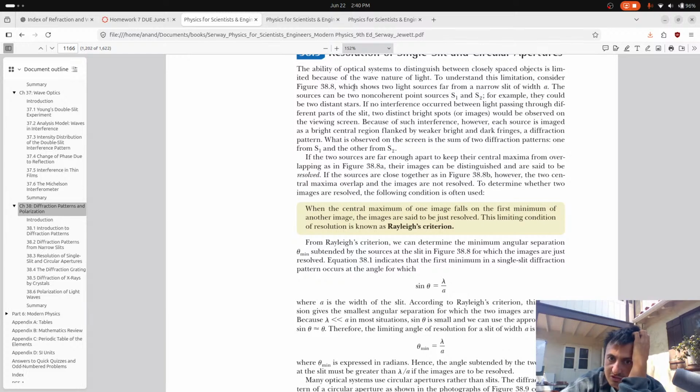The figure shows two light sources far from a narrow slit of width a. The sources can be two non-coherent point sources S1 and S2. For example, they could be two distant stars.